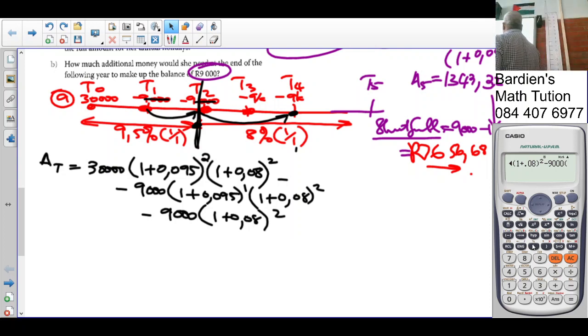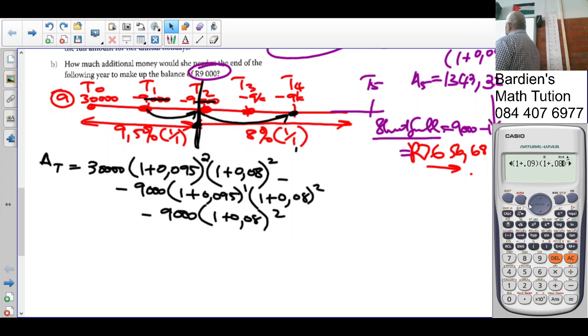No? So then you must break it up as well. So it's 1 plus 0,095 to the exponent 1 into 1 plus 0,08 to the exponent 2.